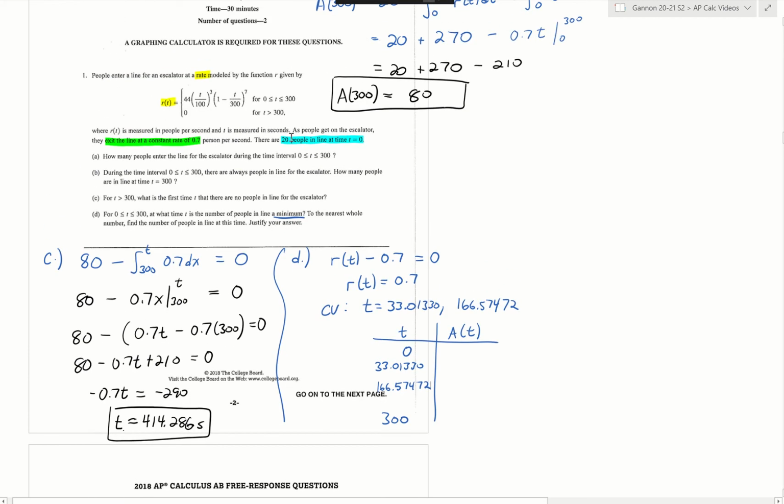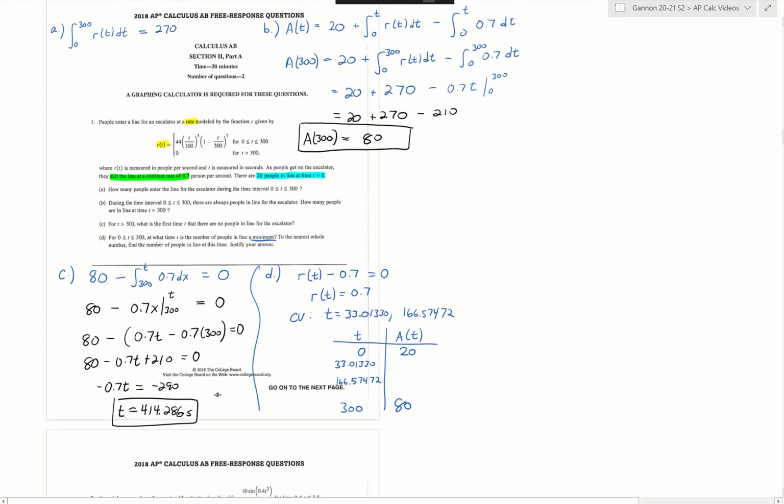I mean, we were given that at time t equals 0, there's 20 people in line. So you've got 20 people in line at this point. And in part B, we found out how many people were in line when t was 300. So we have those two values. What we need to now do is find the other two values, which again are going to use this function right up here.